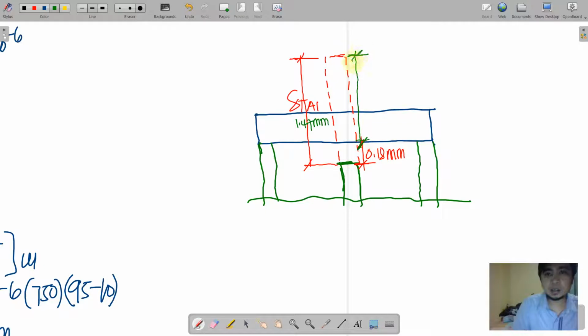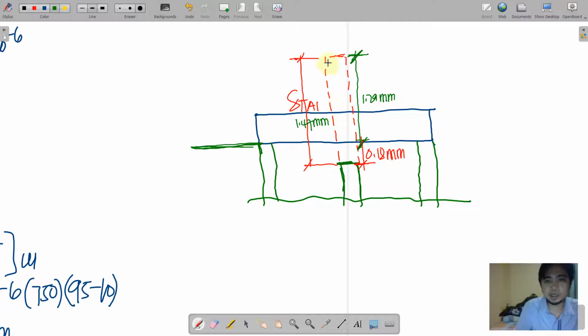Okay? Because we need to have a common reference to determine whether your copper will exceed the aluminum or will it be shorter than this extension. Okay? So 1.47 less 0.18, that is 1.29 mm.